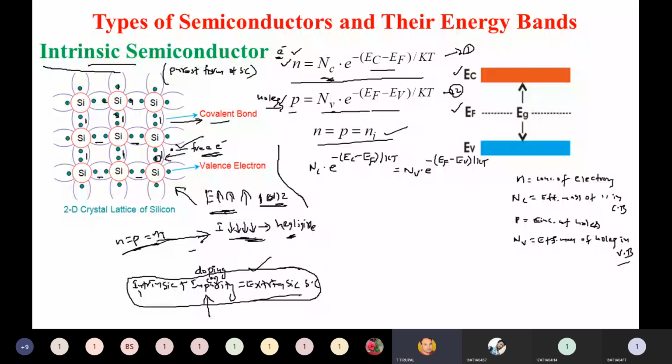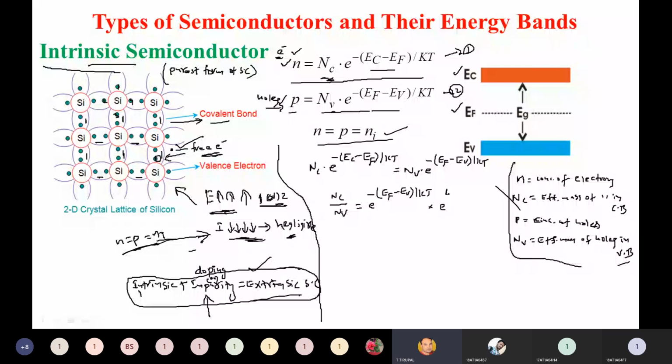Nc divided by Nv is equal to e power minus of (Ef minus Ev) divided by kT, into, bringing this to this side, e power plus (Ec minus Ef) divided by kT.